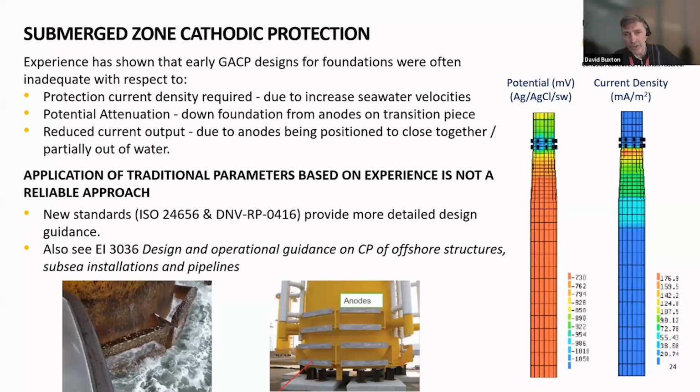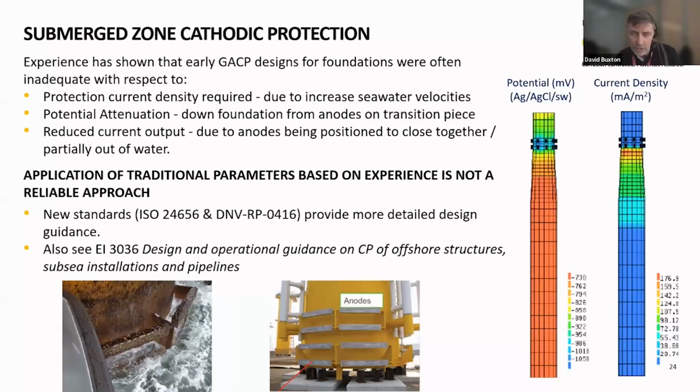It was found that with these anodes clustered together just below low water at the bottom of the transition piece, they weren't in a good position to distribute current effectively around the bare structure. There was a desire not to put anodes on the monopile foundation itself due to damage during installation.